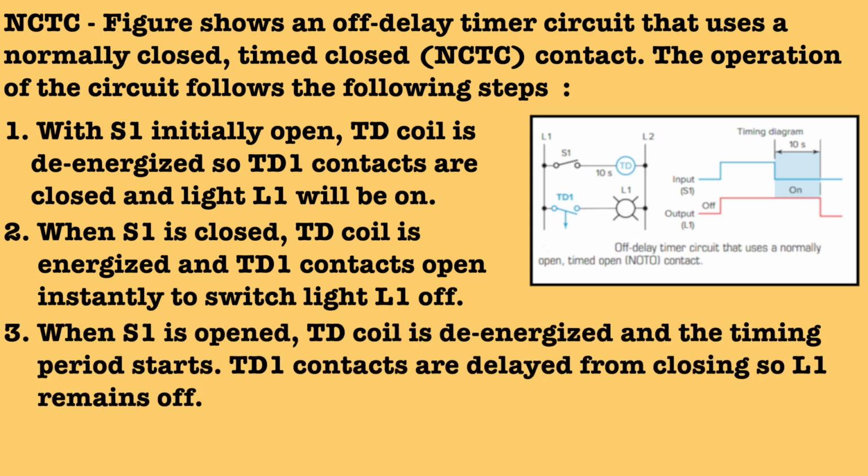In the next step, when S1 is opened, the TD coil is de-energized and the timing period starts. TD1 contacts are delayed from closing, so L1 remains off, and after the 10-second time delay period has lapsed, TD1 contacts close to switch on the light.